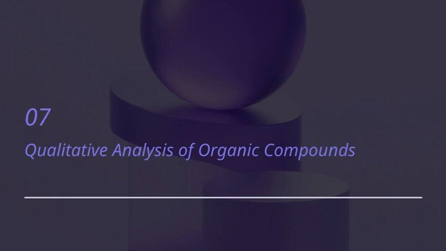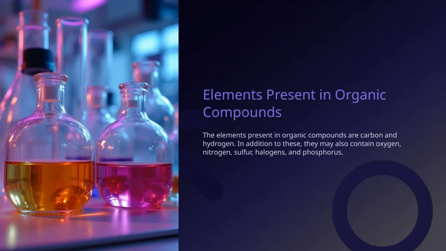Connecting this to the overall theme, qualitative analysis is fundamental in organic chemistry because it helps us understand the structure and reactivity of compounds, which is crucial for synthesis, quality control, and research. It's all about recognizing and understanding the molecules' identities, setting the stage for more detailed quantitative analysis or further chemical reactions.